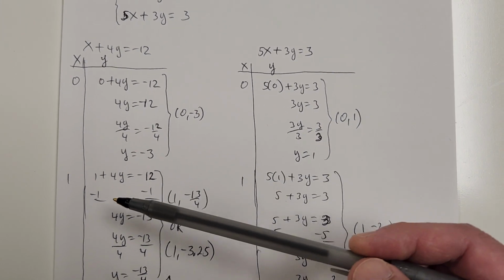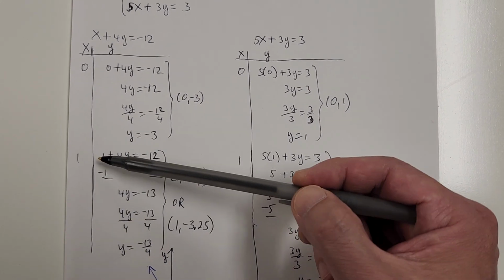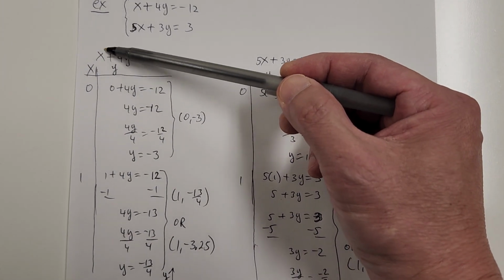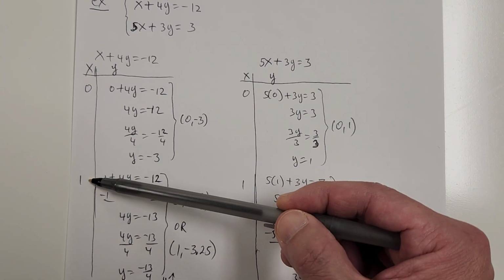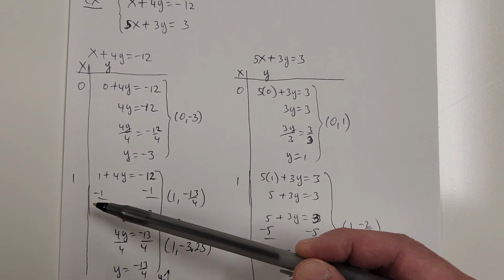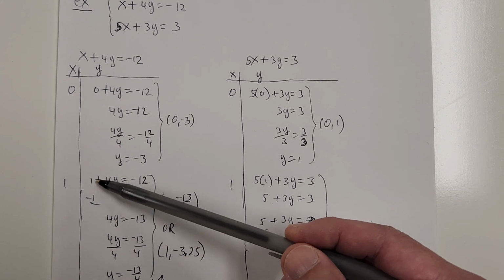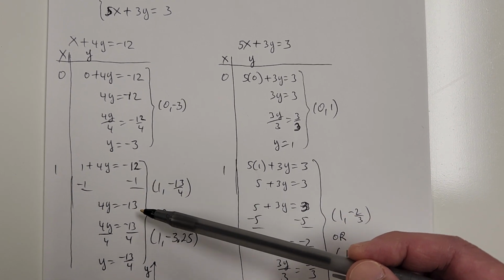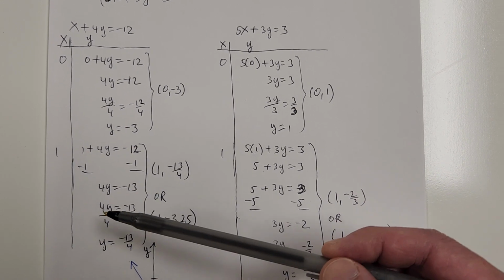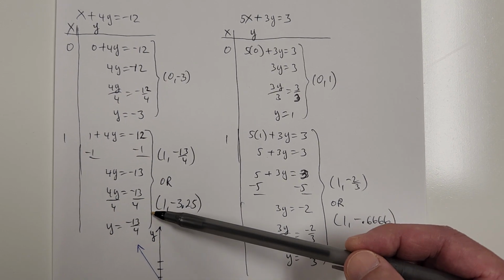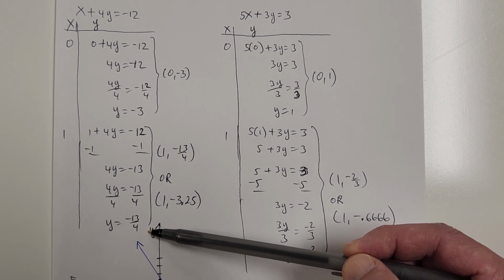Now repeat this whole process again with 1. Put 1 into this x, so I have 1 plus 4y = -12. Subtract 1 over, so I get 4y = -13. I want y to be by itself, so divide by 4 and I get -13/4.